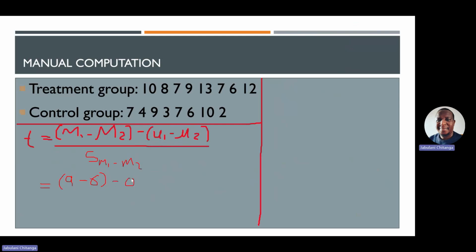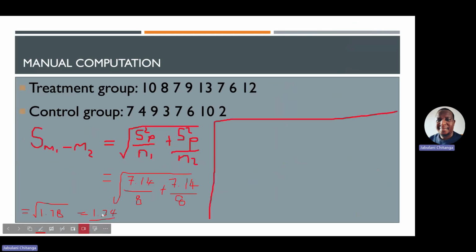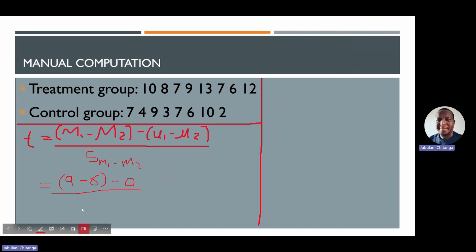So it's going to be 0, don't have to worry about that. And then the estimated standard error that I've just calculated, 1.34. So we write 1.34 here. If you complete that, you get 2.24. So t is 2.24.